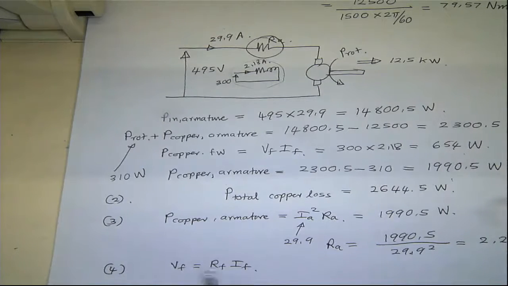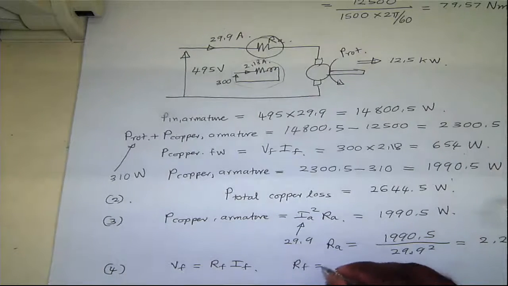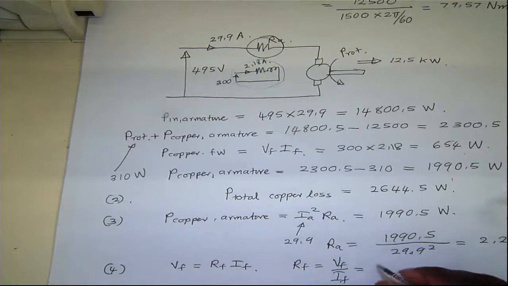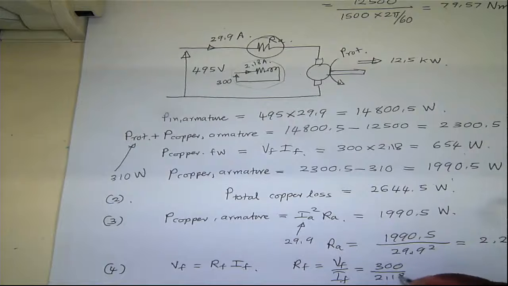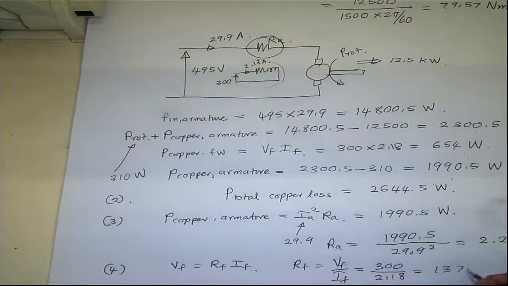We know VF and IF, so we can estimate RF as VF over IF, which is 300 divided by 2.18, which is 137.6 ohm field winding resistance.